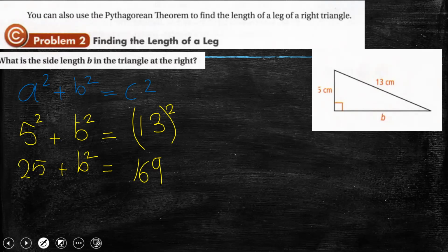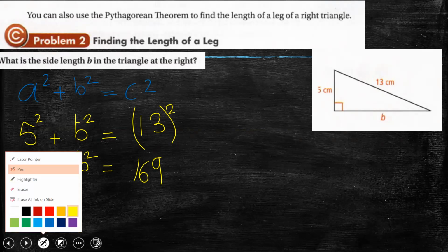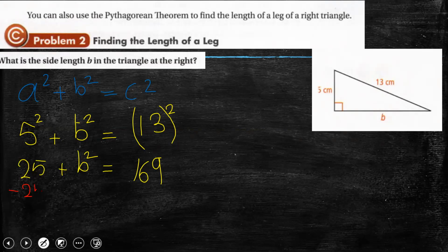Yes. And since b squared is added to 25, I have to do the opposite of adding 25, which is negative 25. So since 25 is added, I subtract 25 from both sides.